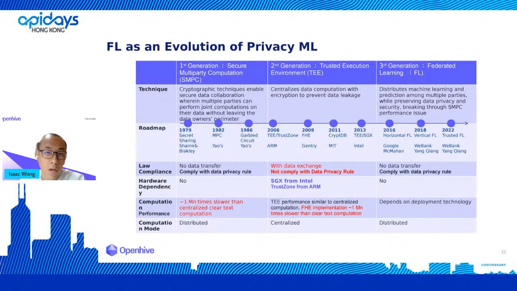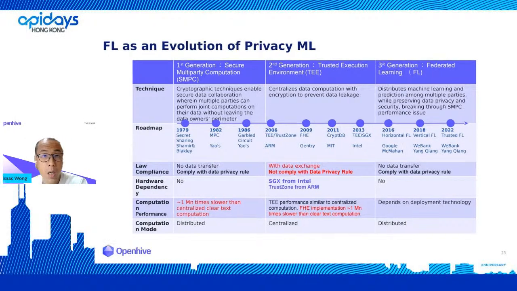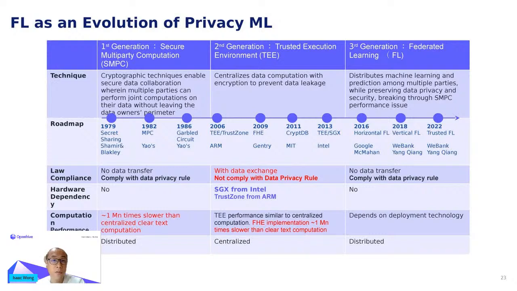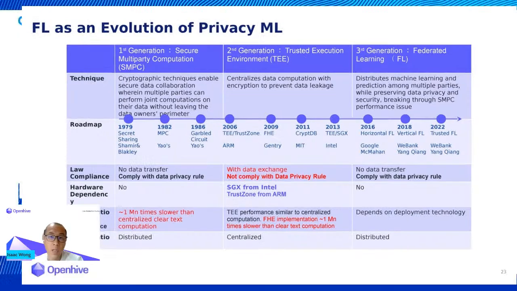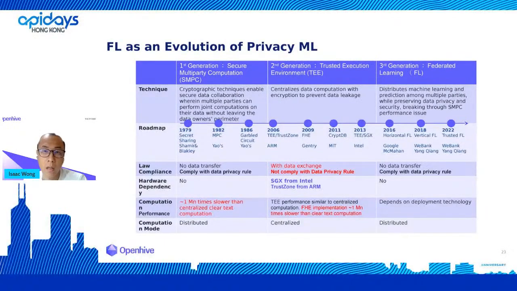For example, from the perspective of privacy AI or privacy machine learning, we have been seeing the evolution of these applications. In the first generation, the most prominent technology being used or researched was SMPC. And then eventually we had the trusted execution environment. And most recently, we have the sophisticated implementation of privacy machine learning with federated learning.